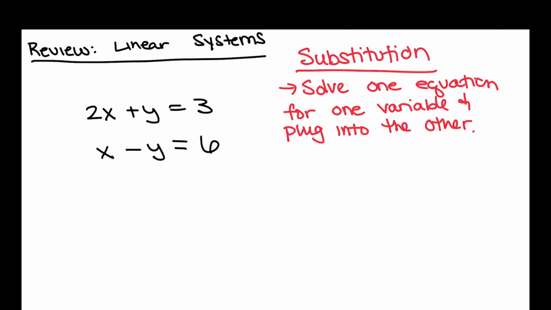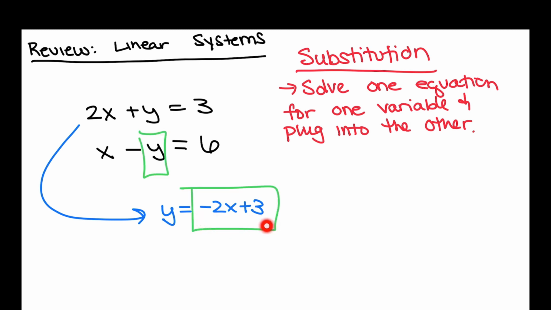The method of substitution is when you solve one equation for one variable and you substitute it or plug it into the other equation. So for example, I can take my first equation, 2x plus y equals 3. I can solve for y by minusing the 2x. So y is minus 2x plus 3. Then I take that expression for y and I plug it into the other equation.